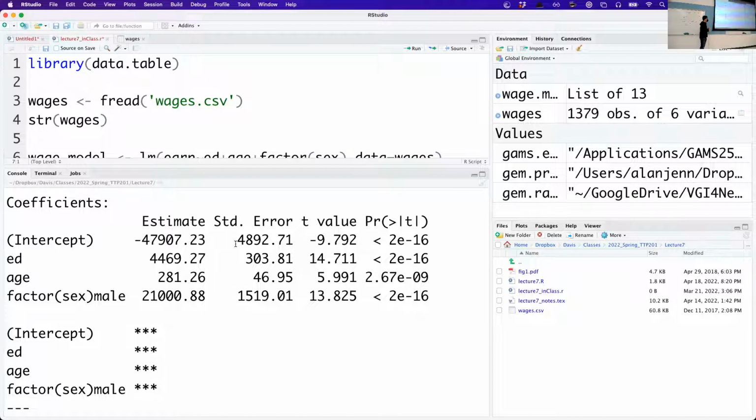If you are older, so okay, let's look at this one. What is this telling us? Yeah, so for every year of age that you are, you make $280 more. Okay, great. So these are like the two kind of more straightforward ones.